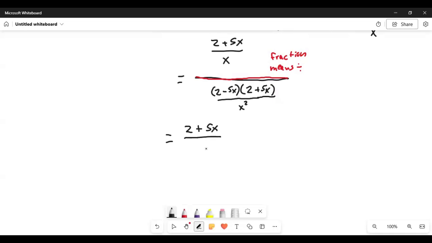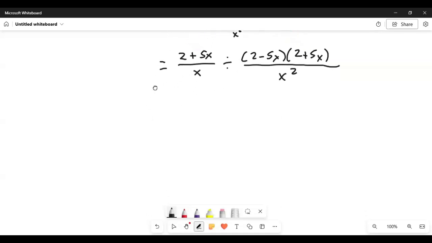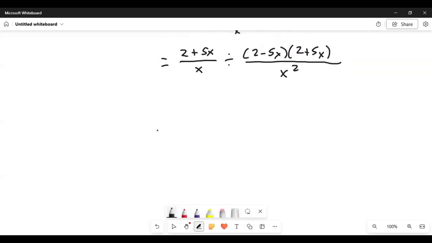The top fraction is divided by the bottom fraction. To divide fractions, we can use the phrase same, change, flip to help us remember the process. The first fraction stays the same.